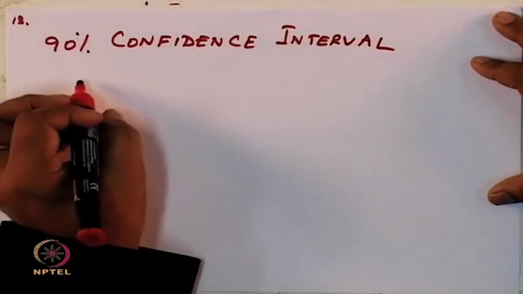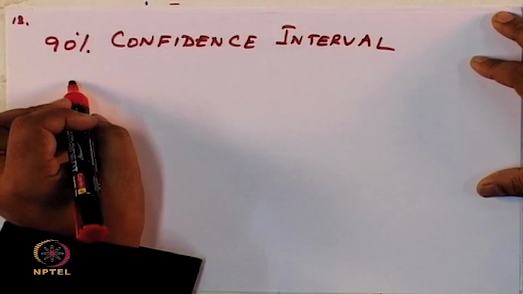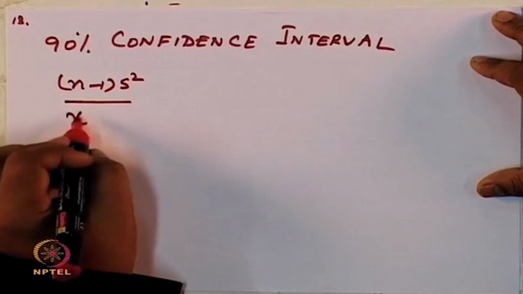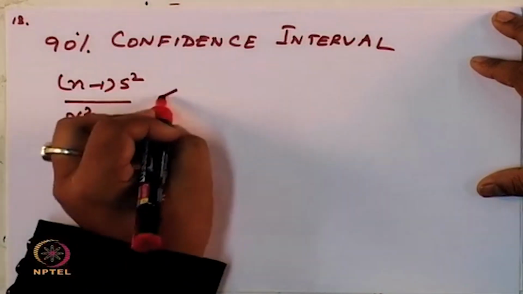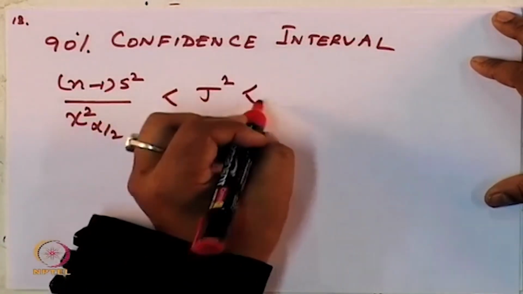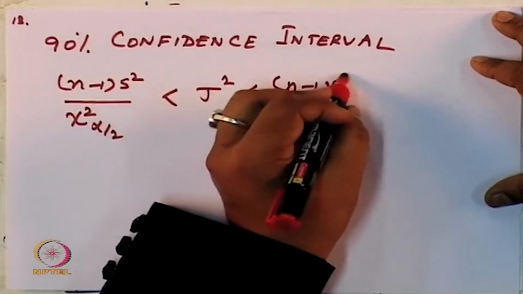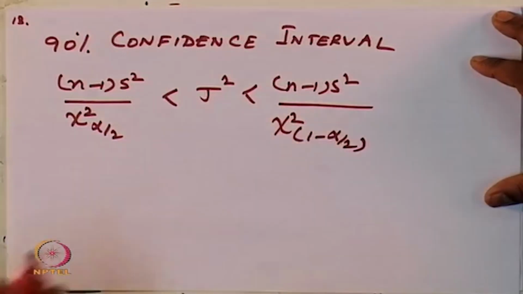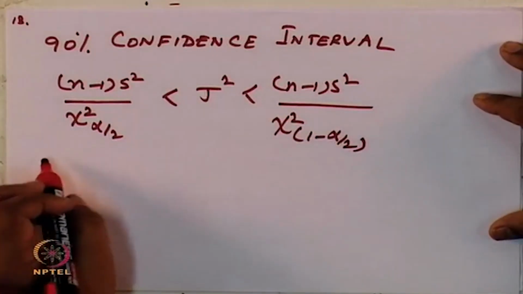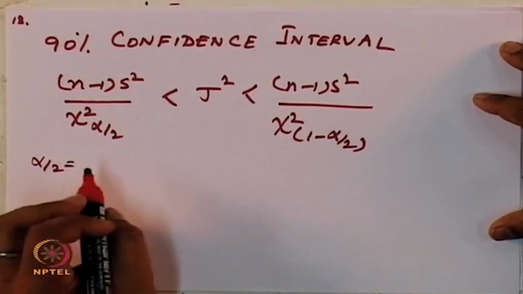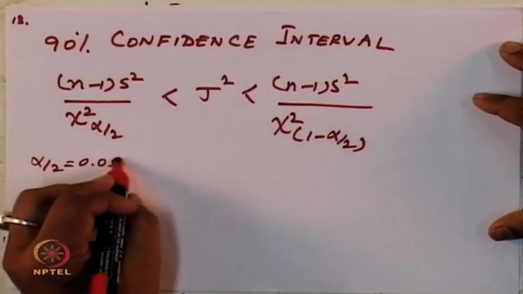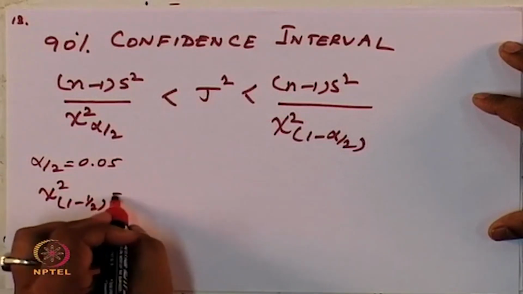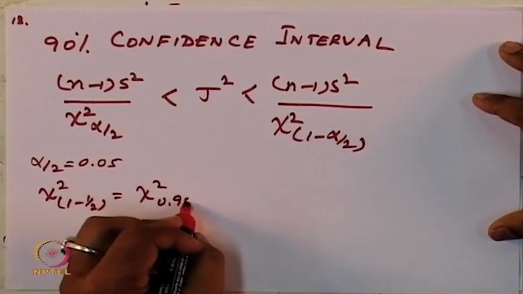Which is given by, okay, for alpha by 2 equal to 0.05, chi square of 1 minus alpha by 2 equal to chi square of 0.95.